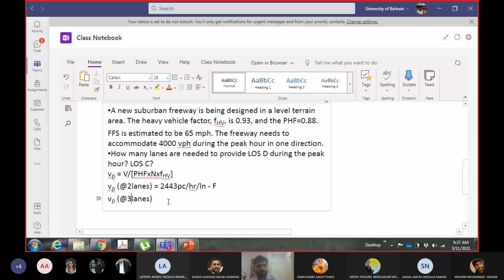Okay, give it to me for 3 lanes. 1629 passenger cars per hour. Now, what level of service are we getting for that?